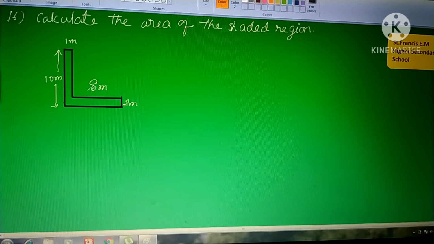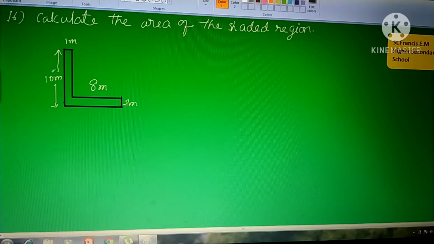Okay. So here, if you observe, we can divide this figure into two rectangles. See, observe here, either you can draw a line here or you can draw like this. Okay, so I prefer this one.